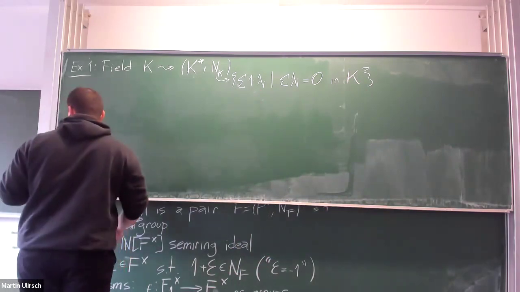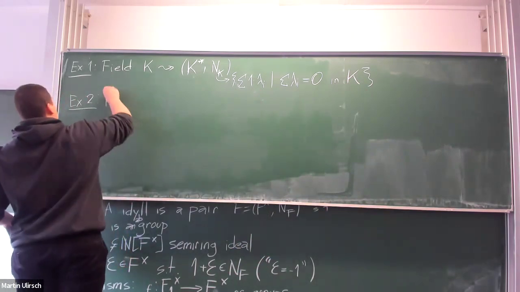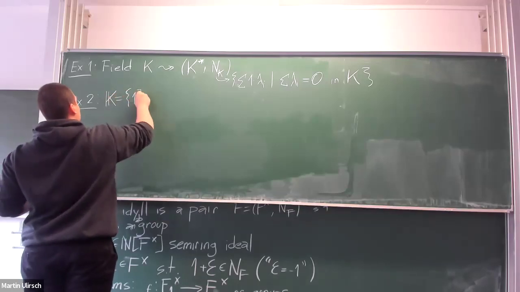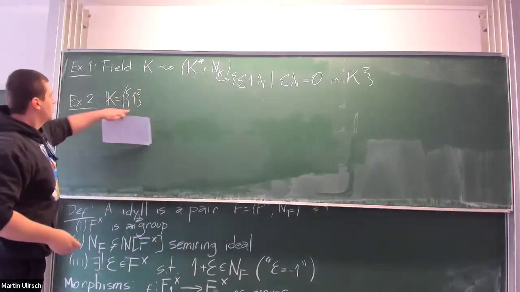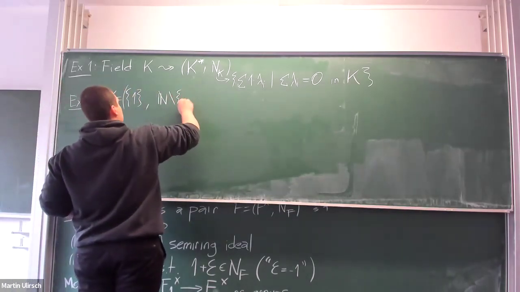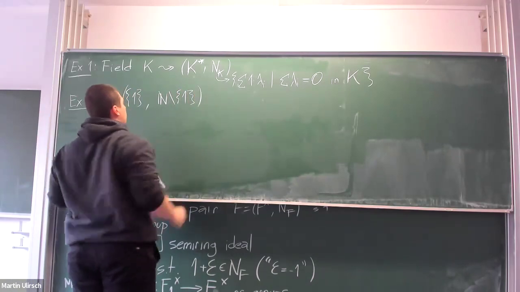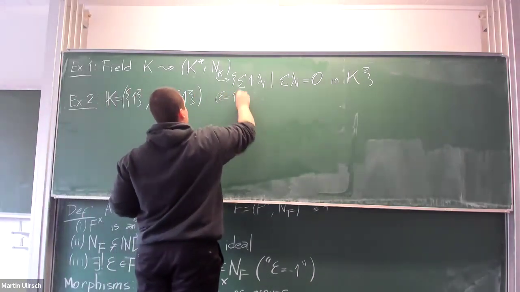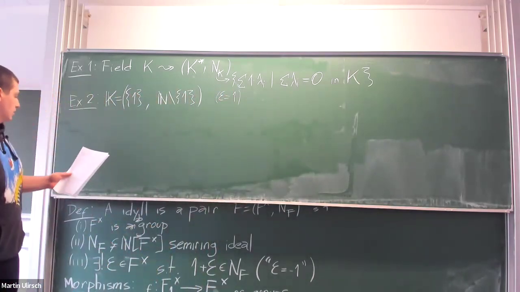Second example, the sign hyperfield is this one here. As a group, just 1, no signs. All natural numbers, but without one, and -1 is equal to 1.